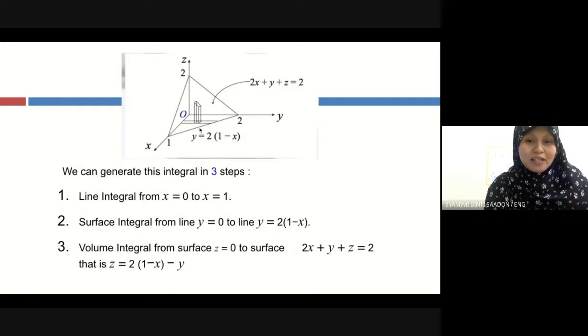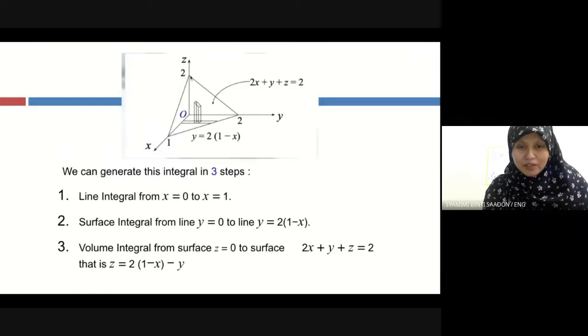So we know that this plane crosses the x-axis at point 1, intersects the y-axis at point 2, and the z-axis at point 2 also. So that's how we get this plane. The function for this plane is 2x + y + z = 2. That's how we achieve sketching this plane.